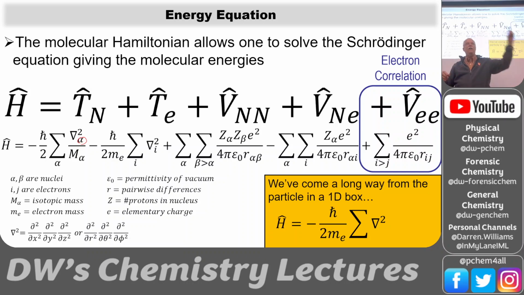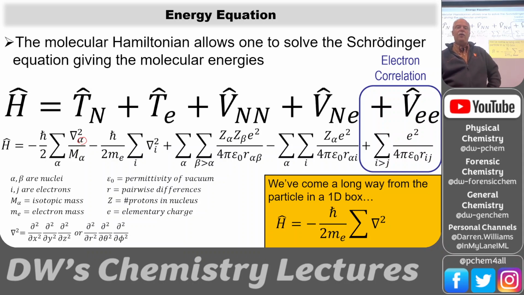We can square the wave and get the probability of the electron being here or there, but we can't say there's an electron at x equals 3 and the electron at some other place at x equals 5. Now we can calculate the distance between those two particles and calculate that term. We have no location for the electron. We have only a probability of where that electron is. So there's no solution to that term.